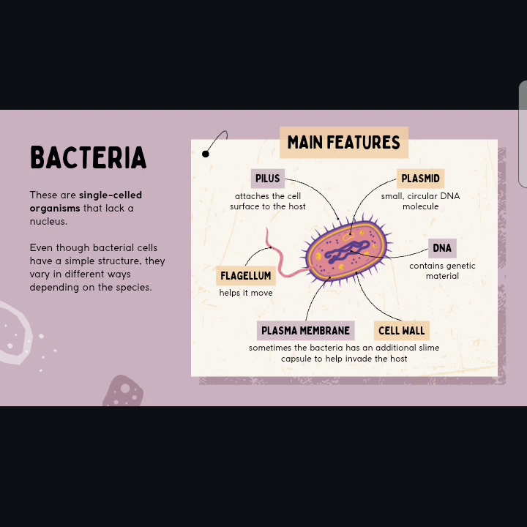Next is your cell membrane, or plasma membrane. On the outer side of the cell wall there is a slime capsule, and in some bacteria this helps in invading host cells and resisting antibiotics as well, because it is very rigid to penetrate.